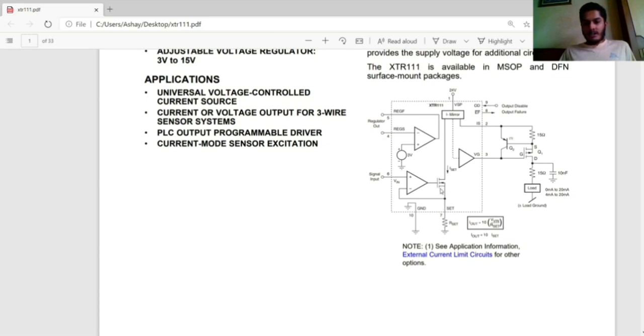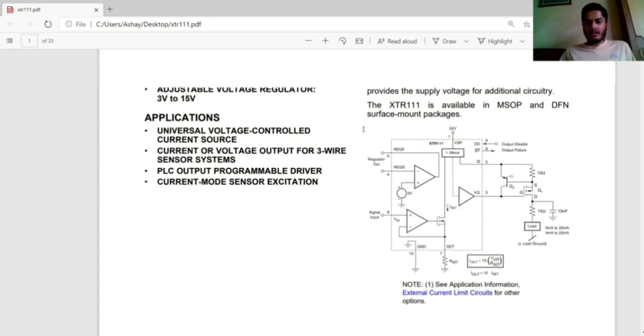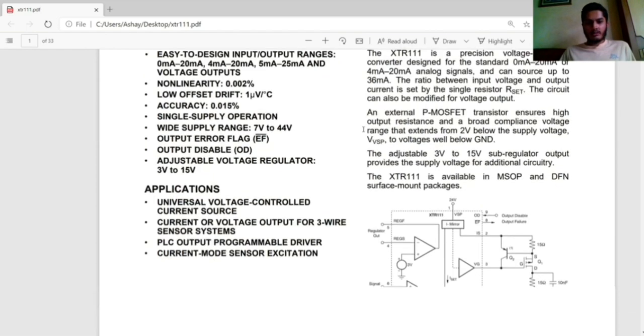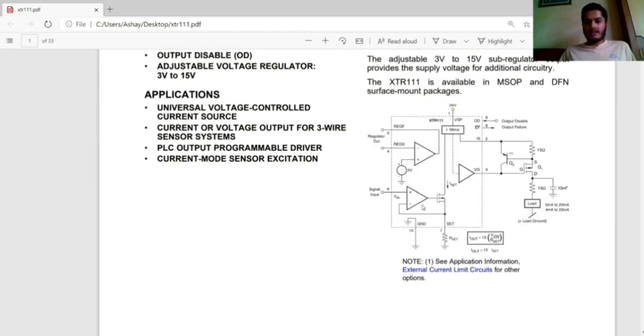Here they have internally used FETs and BJTs, a P-channel MOSFET, and a PNP transistor. So in order to set a requirement for the voltage and current, the R set resistor is used, so that we get a 4 milliampere current for a 1 volt input, or any other configuration. In practice, the XTR111 IC is used to perform the conversion. Thank you.